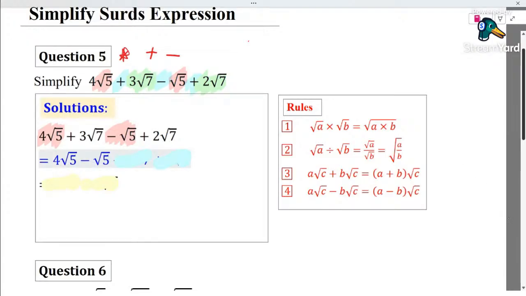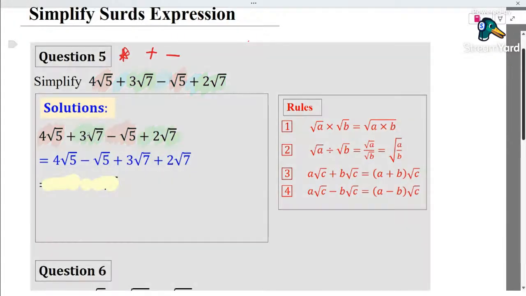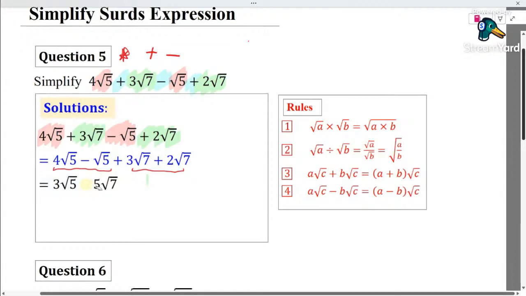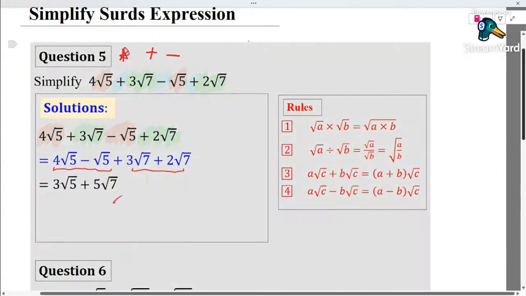Then I group all the square root of 7 together. I have plus 3 square root of 7 plus 2 square root of 7. Now I start to consider the operation. 4 square root of 5 minus square root of 5, I will have the result 3 square root of 5. 3 square root of 7 plus 2 square root of 7, I have plus 5 square root of 7. That is the answer.